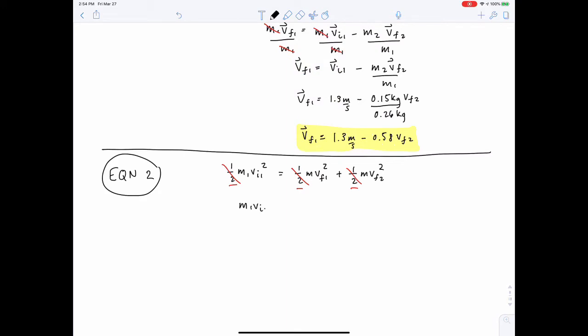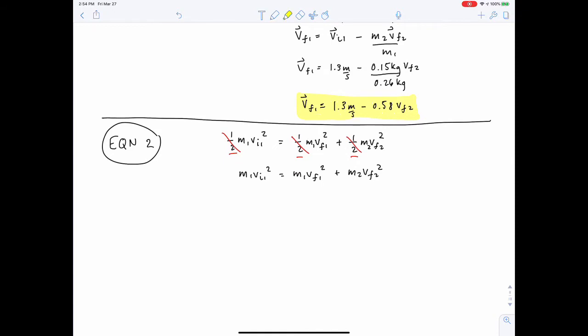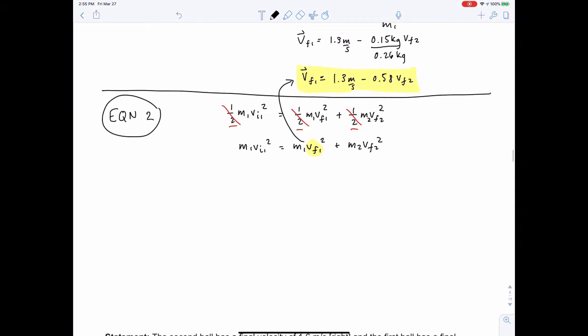So we're left with M1 V initial 1 squared is equal to M1 V final 1 squared plus M2 V final 2 squared. So we know V final 1 is equal to 1.3 meters per second minus 0.58 V final 2, so we're going to substitute this value in for V final 1.